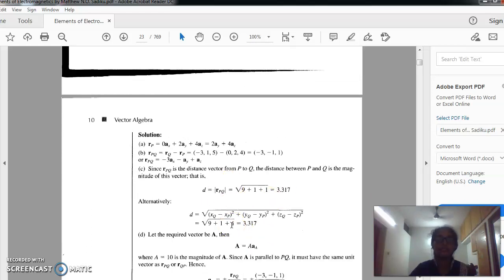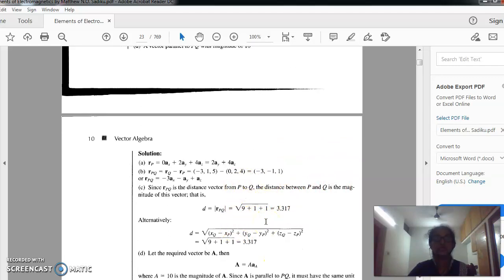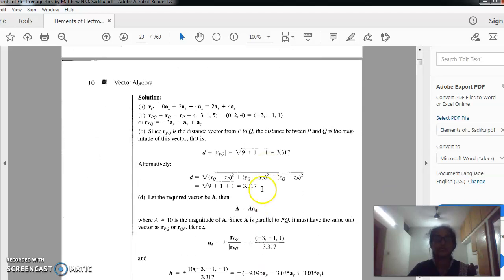So RPQ is the distance vector, as you can see. It is equal to the magnitude of RPQ. You get it as 3.317, and that part is the distance between P and Q. Okay, so that is found out here.